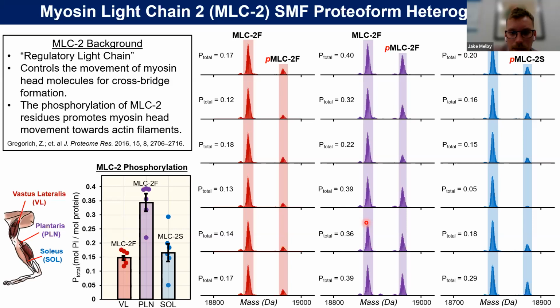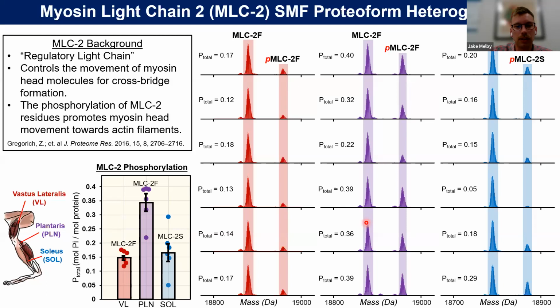The next example to illustrate this proteoform heterogeneity is myosin light chain 2. Myosin light chain 2 is known as the regulatory light chain because it's actually the phosphorylation of myosin light chain 2 residues that promotes myosin head movement towards actin filaments. So it's basically controlling the molecular motor of muscle.